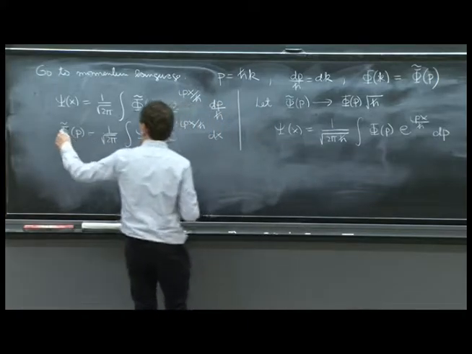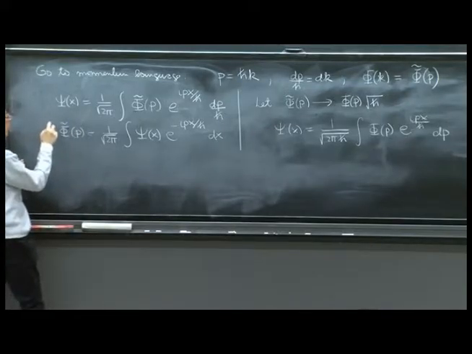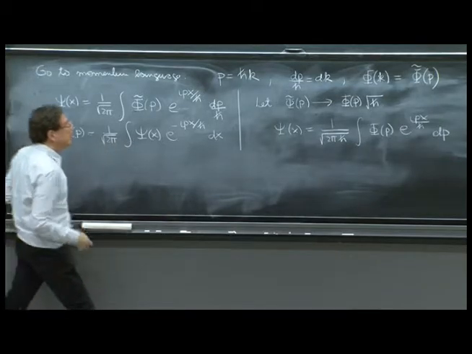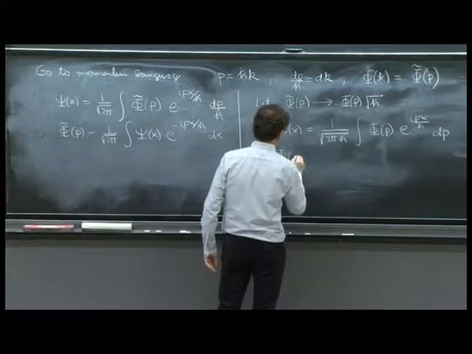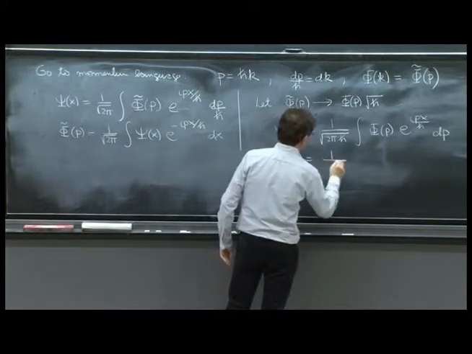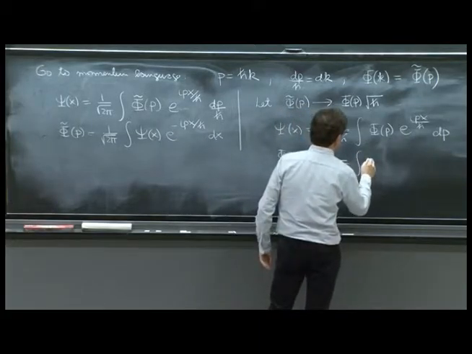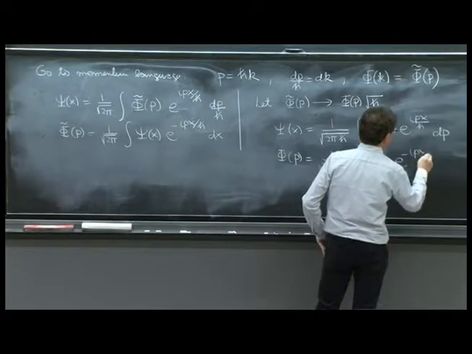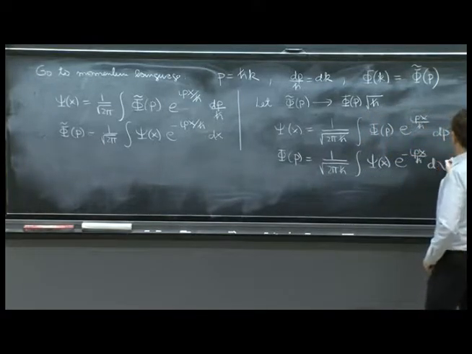And the second equation, you must replace by a phi and a square root of h bar, which will go down to the same position here, so that the inverse equation is phi of p equals 1 over square root of 2 pi h bar integral psi of x e to the minus ipx over h bar dx.